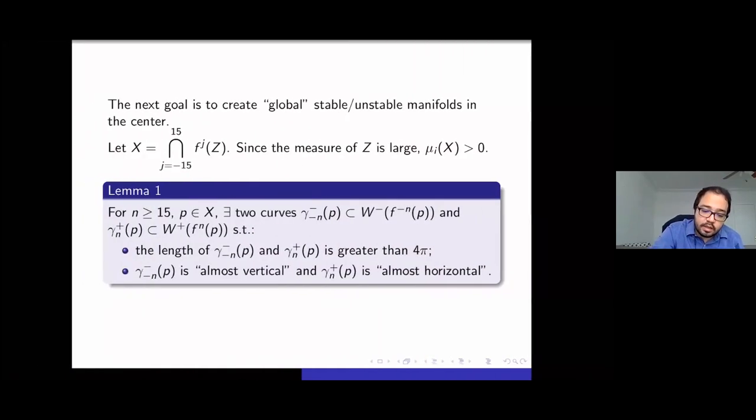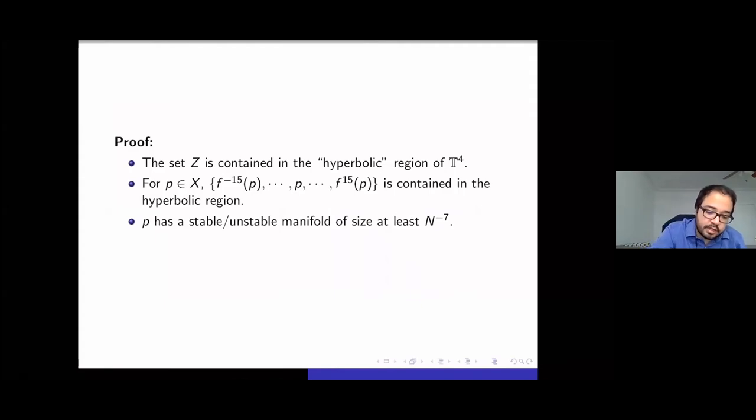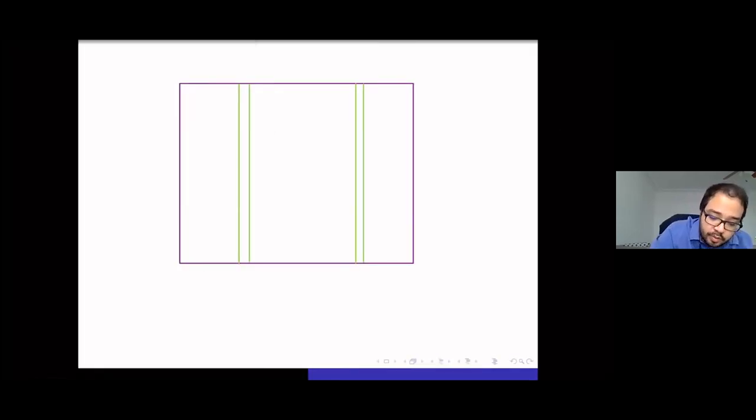And the ingredient here is that Z is contained in the good hyperbolic region, and p in X implies that all these iterates are contained in the good hyperbolic region, and you have a good lower bound for the size of the stable manifold. So what happens is that you would have some point here, let's start with p.